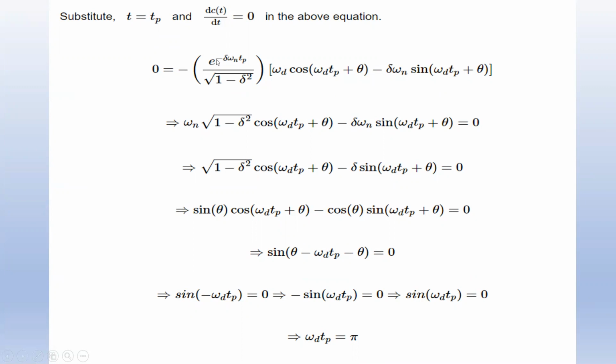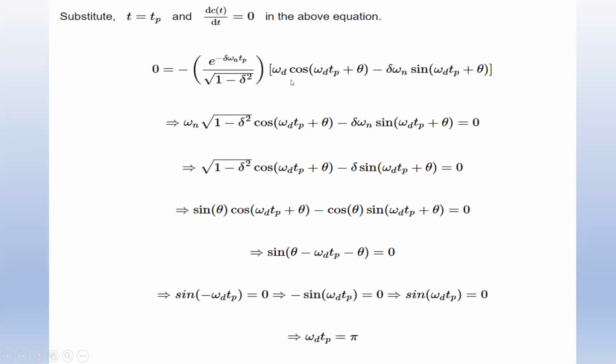If we multiply this by 0, the exponential term vanishes, and all we have left is omega d cos of omega d tp plus theta minus delta omega n sin of omega d tp plus theta, equal to 0.